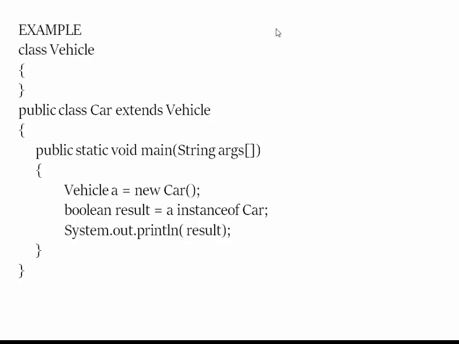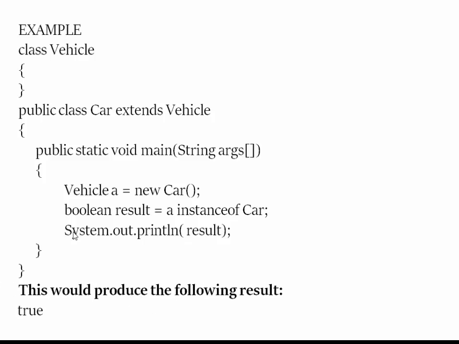So this is a program. Save this program, execute the program and check what will be the value which is stored in the result variable. Okay. So here what will be the value which is stored in the result variable? So true, because a is the object of the class vehicle, and you can see here we specified car.